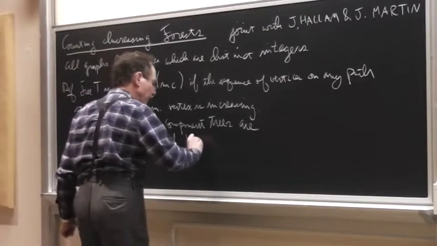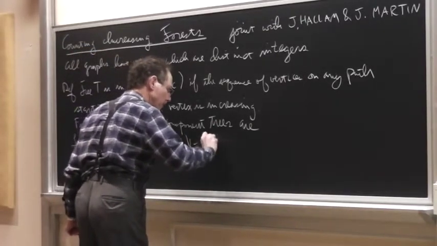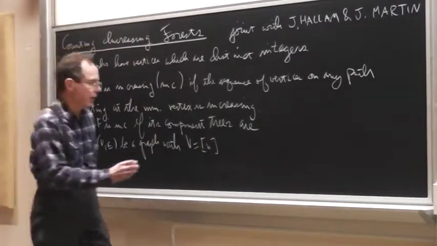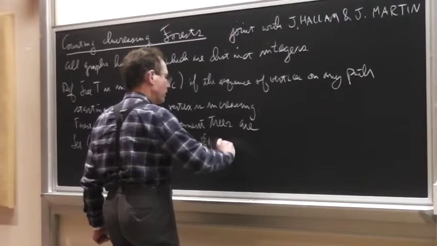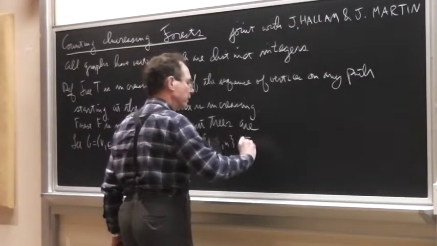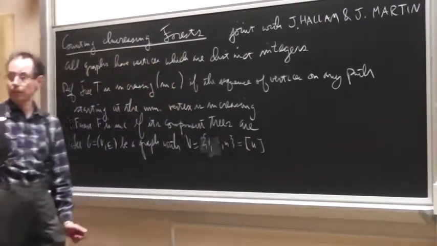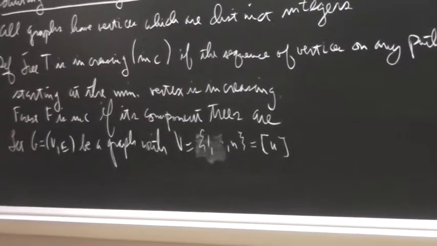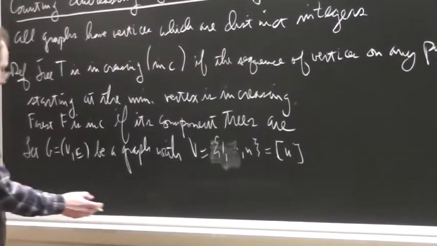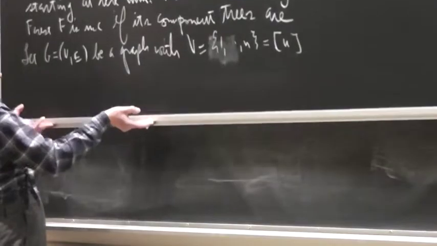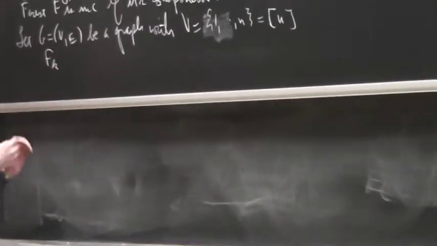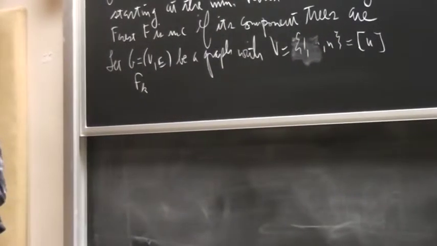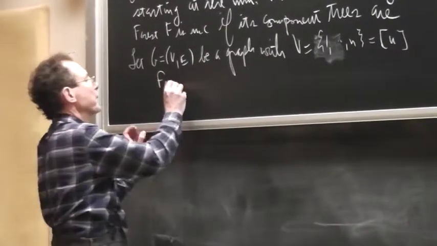And here's where we're going to go and answer Jonathan's questions. Now we're going to let the vertex set be the numbers from 1 to n, which I will usually just abbreviate as [n]. And we're going to define f sub k for this graph. This should be actually f sub k of G, but it'll be clear what I'm working with here.